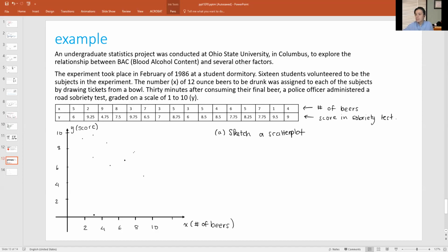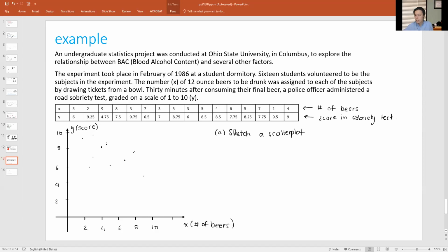3 and 6. That's 3 and 6. 5 and 8.5 is going to be maybe here. Then 4 and 8.5.